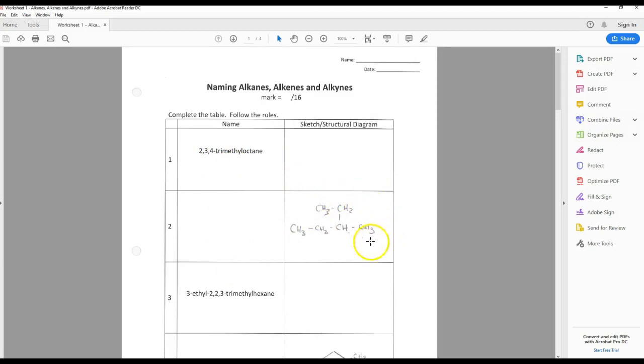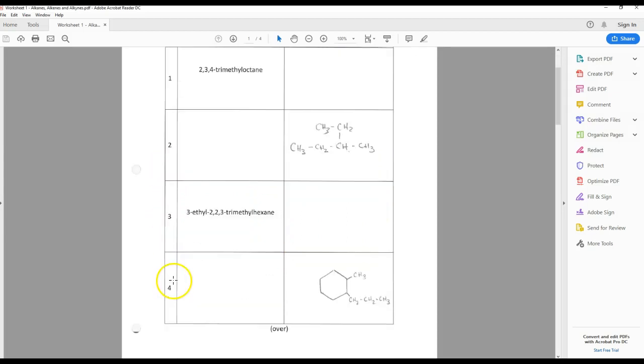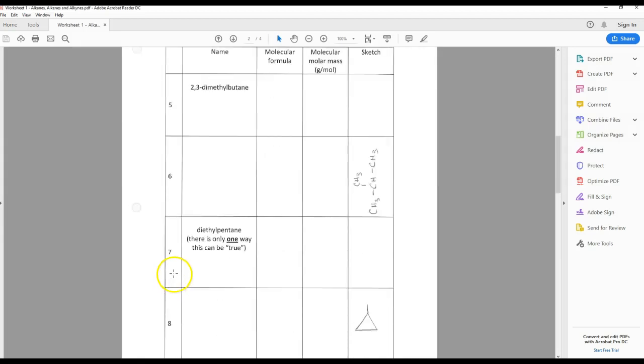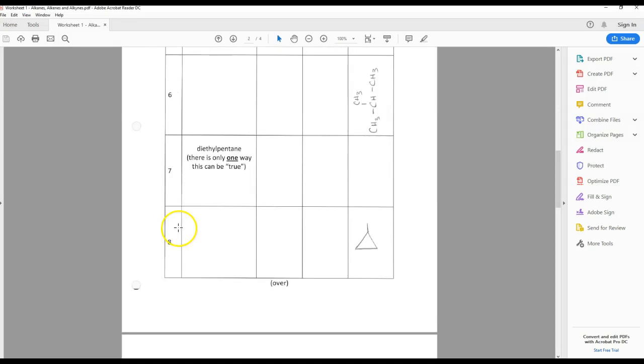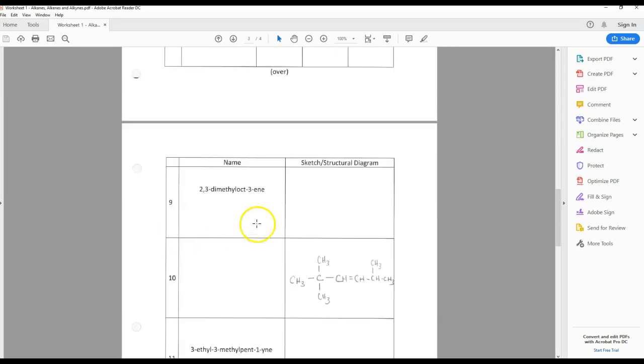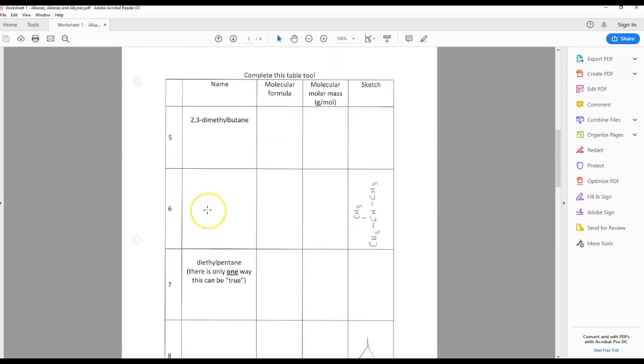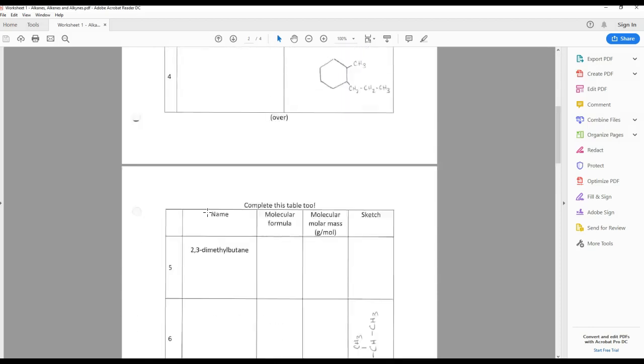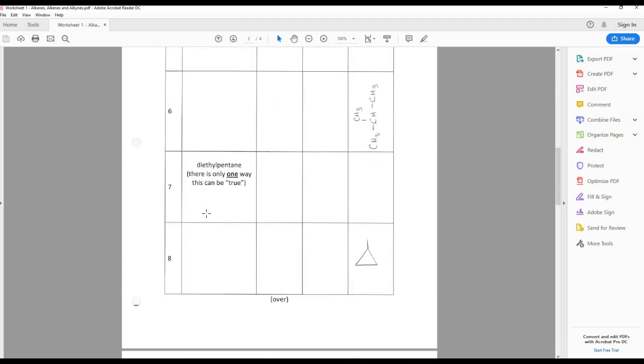If I give you the drawing, I want you to write the name over here. And you should be able to do question 1, 2, 3, 4, 5, 6, 7, 8, and then we're going to stop there. So go and do questions 1 through 8 on this worksheet.